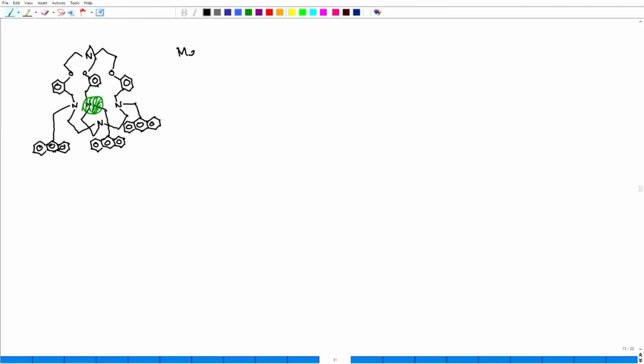So, let me write: metal ion inside the cavity is isolated from surroundings.